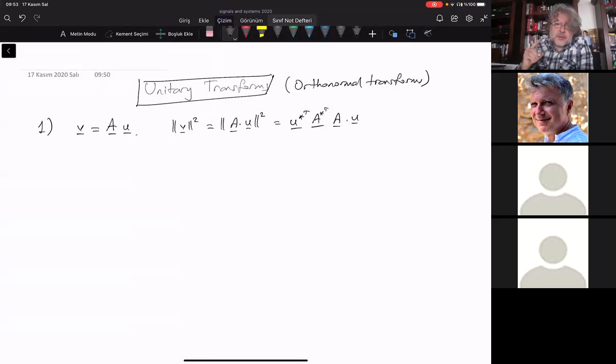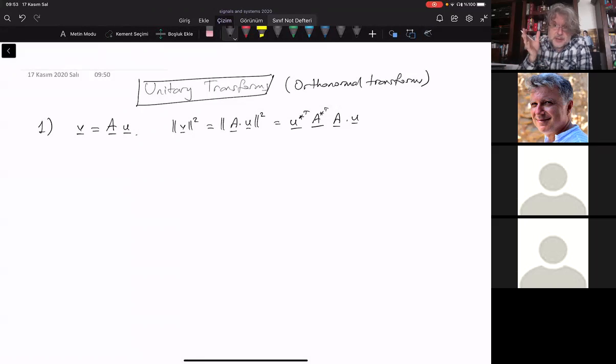If you take the square root of this operation, it will give you the Euclidean norm. Because how do we find the norm of a vector? We take the inner product with itself. I'm taking the inner product of V with itself, which is V conjugate transpose times V. Of course, we are generalizing the fact that U and V, and therefore A, could contain complex numbers.